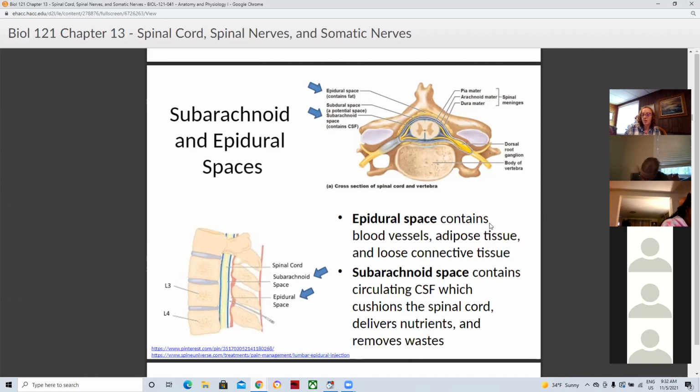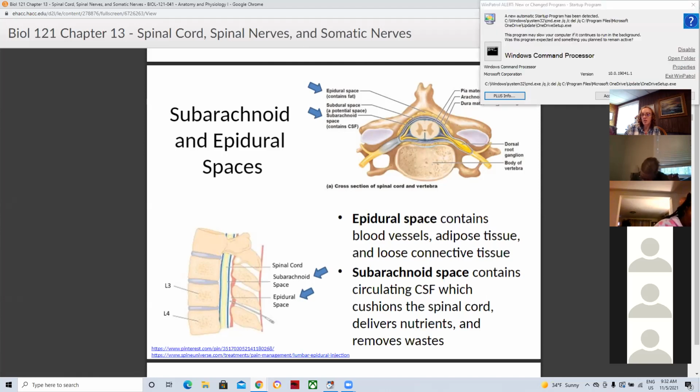So the subarachnoid space contains cerebrospinal fluid, which cushions the spinal cord, delivers nutrients, and removes waste.